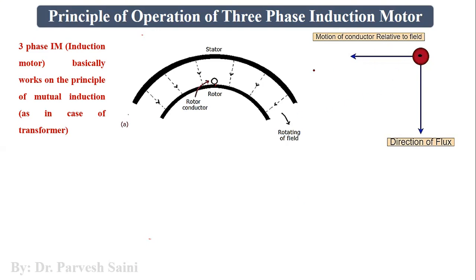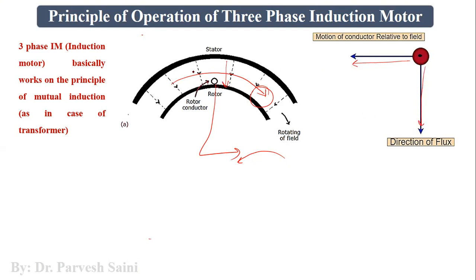Now, because the rotating magnetic field is in this particular direction, clockwise, with respect to this clockwise direction of the rotating magnetic field the motion of the conductor will be anti-clockwise. So this conductor is moving in the anti-clockwise direction, and the direction of flux is downward.